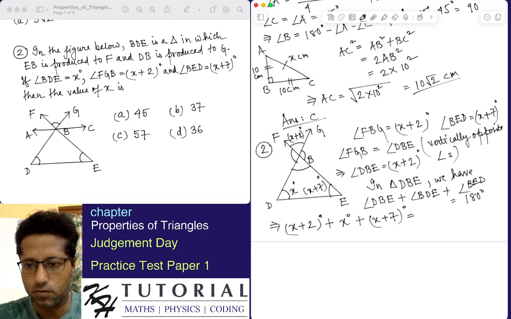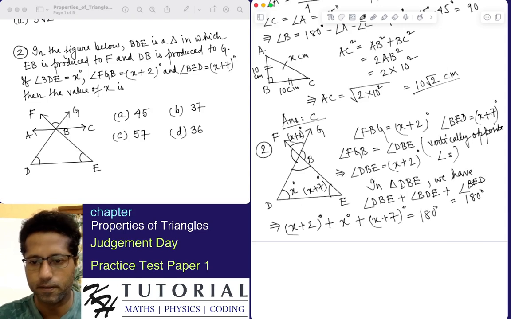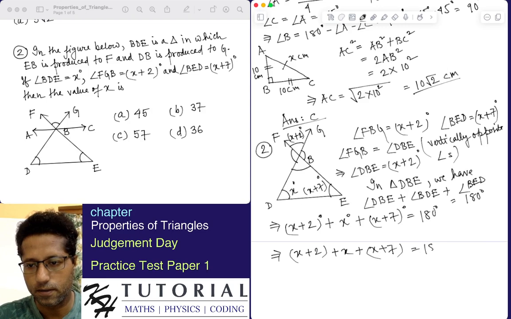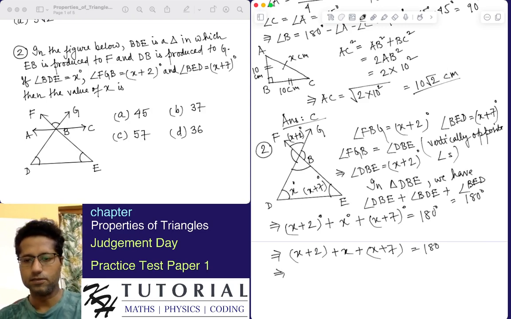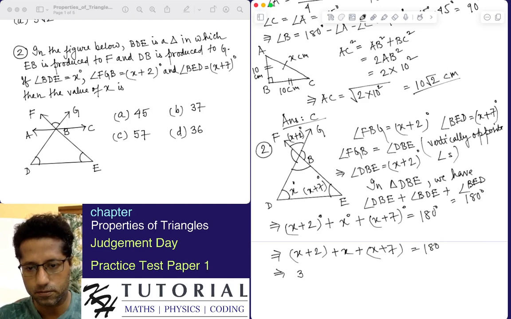This is equal to 180 degree. So x plus 2 plus x plus x plus 7 equals 180. If we simplify the left hand side, we get 3x plus 9 equals 180.